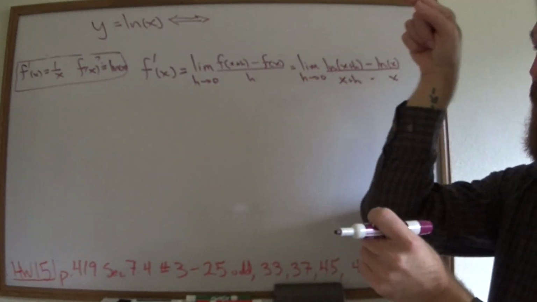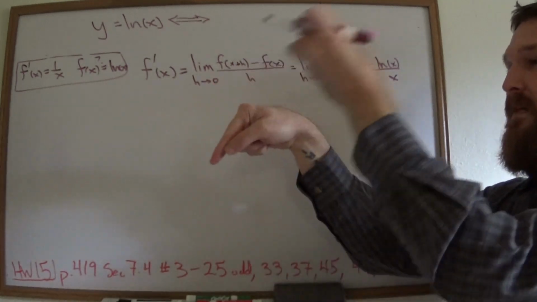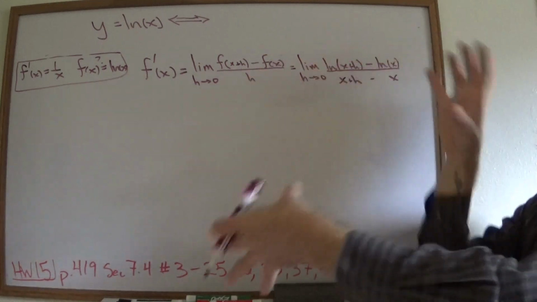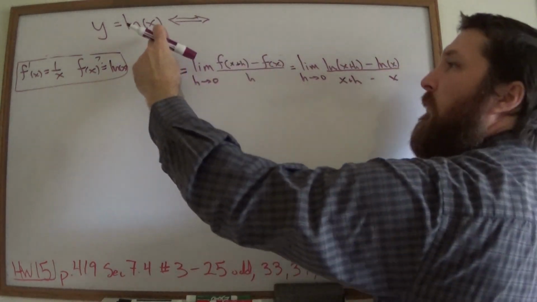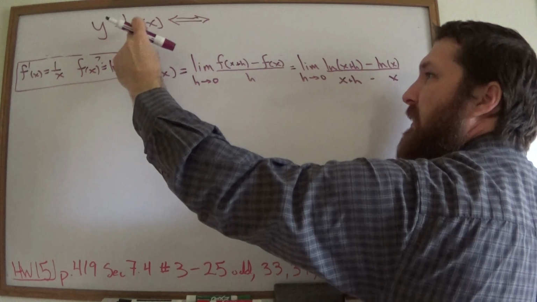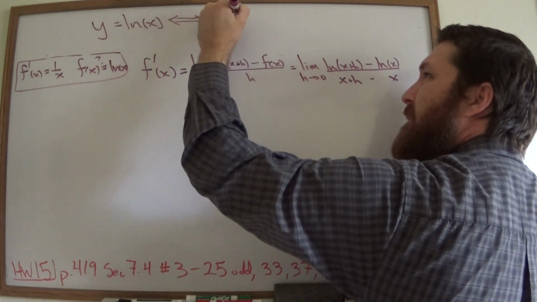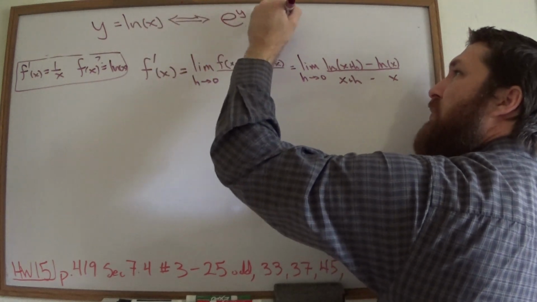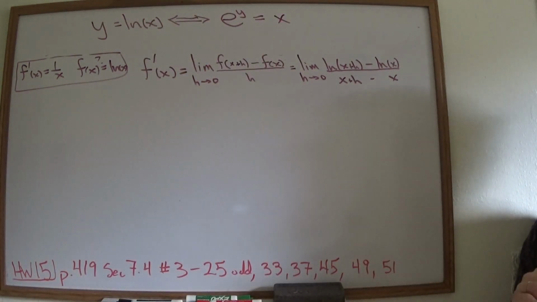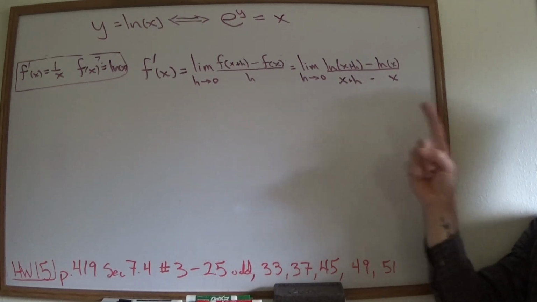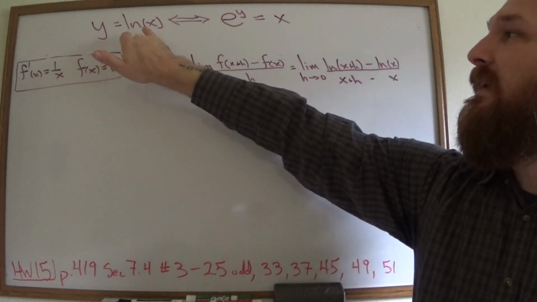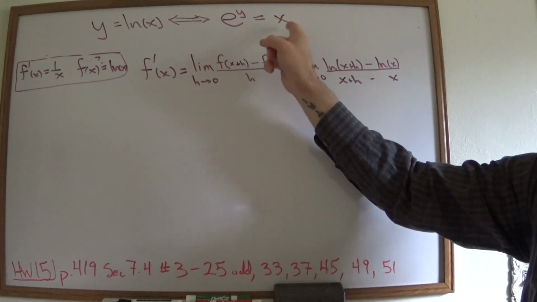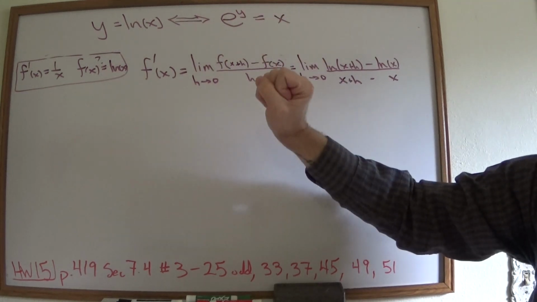You plug the input into the exponential, and to undo that, you swap the roles of inputs and outputs. So if the input is x and the output is y, that means the same thing as the output going into e gives you your original input back, right? Yeah, that's what that means. In fact, that's how we defined log x: the function which gives you back your original input.